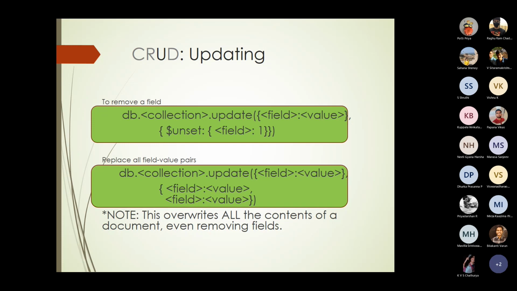Replacing all the contents: all the field values will be updated with the new set that we are providing. The second one, what we have mentioned here, these things will be overwritten on the other fields.